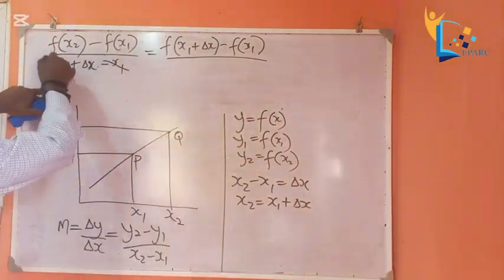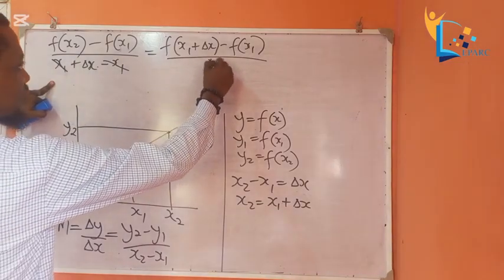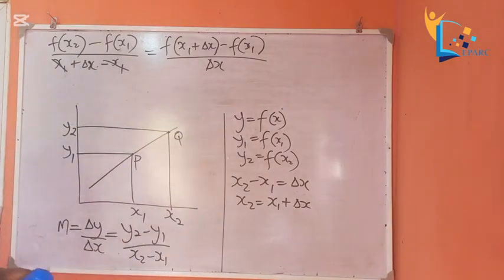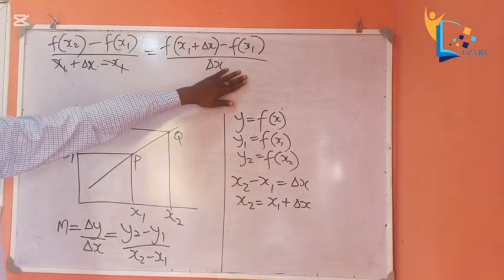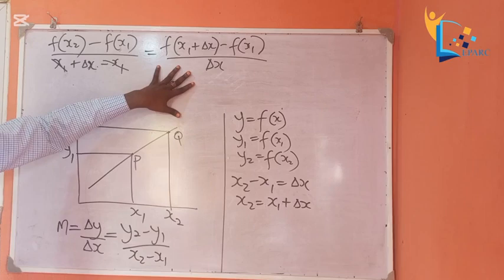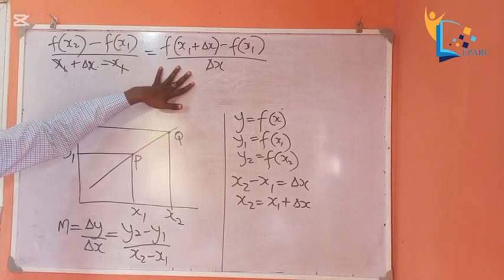Now this cancels this, so we have change in X. Are we together? Now, this is the standard formula for differentiation from first principles.